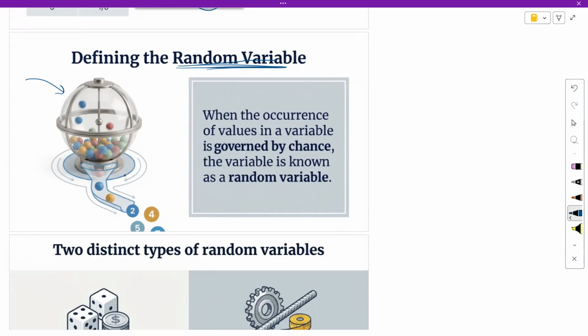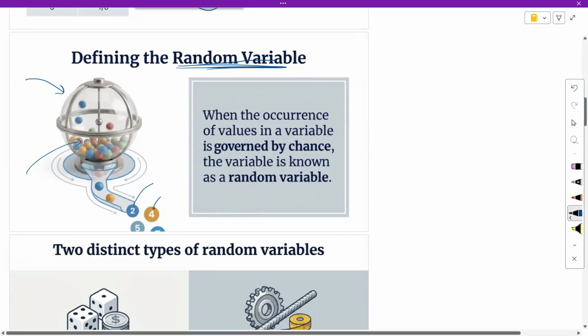There are many numbers inside the basket. Here we get either 2, 4, 5, or 3. These values we obtained purely on chance. The chance dictates the outcome.